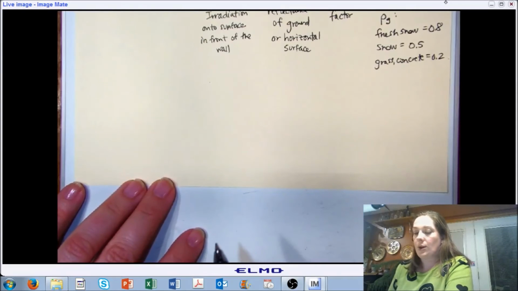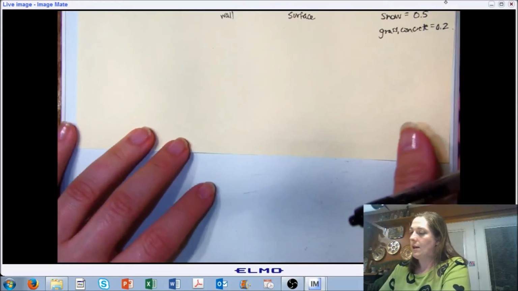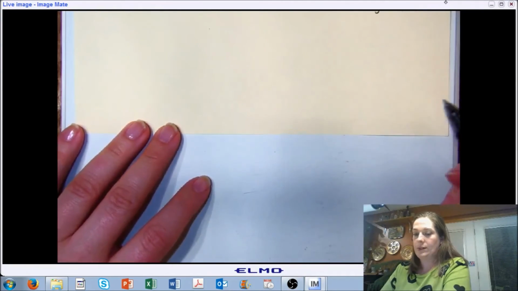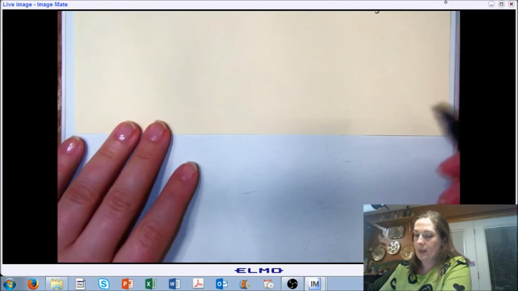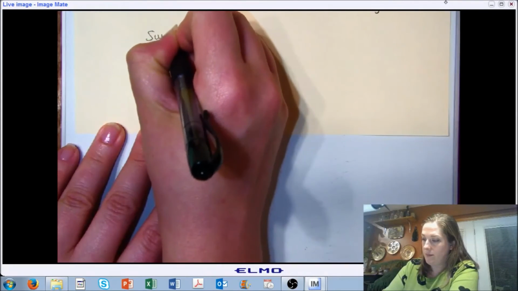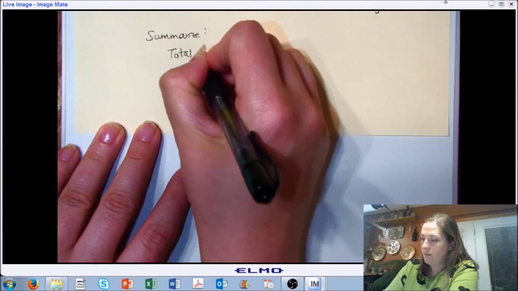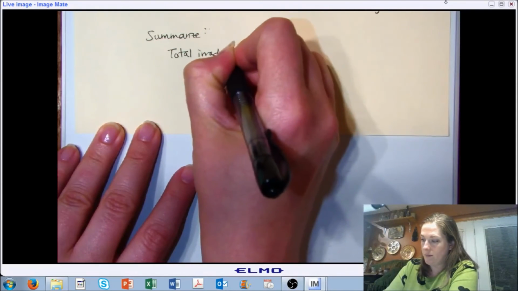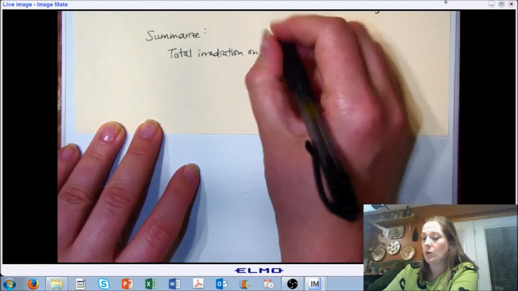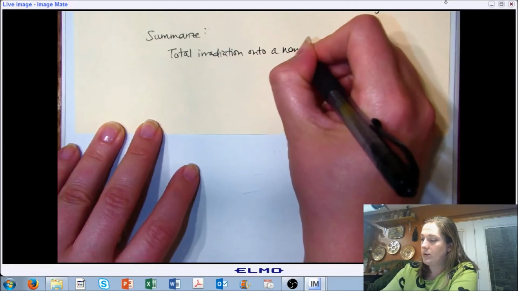All right, so at this point, we can now calculate the total irradiation onto a surface. And so let's go ahead, let's just summarize what we can do at this point. We can now get the total irradiation onto a non-vertical surface.